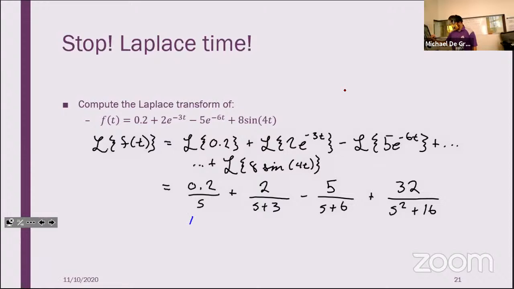Just in case you guys wanted to double check, go back to the slide we just showed. This is going to be for A, this is going to be e to the negative at, this is also e to the negative at, and this one is sine omega t.